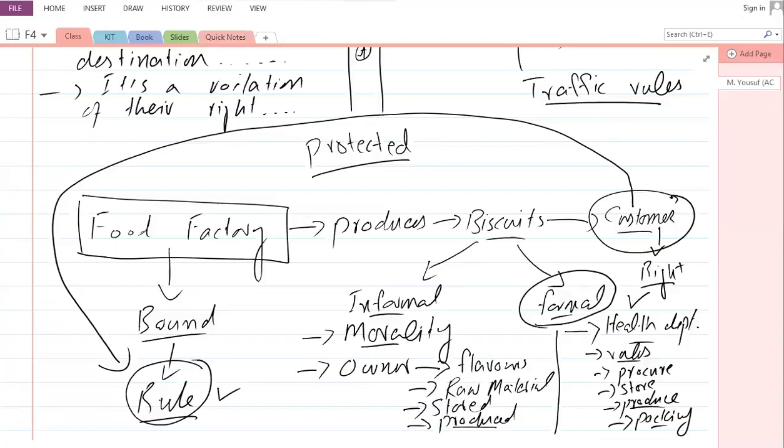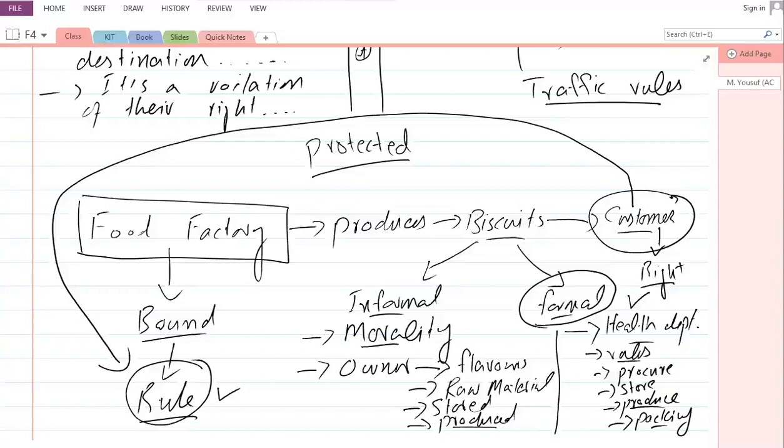How a person is going to marry another, how a person is going to be appointed as an accountant, how he's going to use his consciousness, how he's going to think about something, how a person or a company is going to import a product, how a company is going to get a loan from the bank, how a company is going to enter into a contract with its supplier. All these matters must be under the umbrella of formal mechanism.